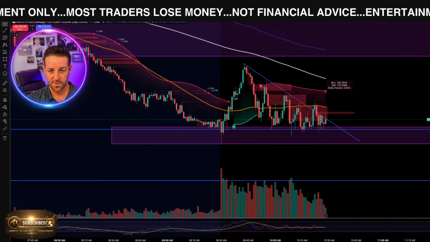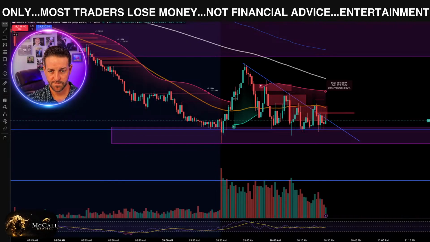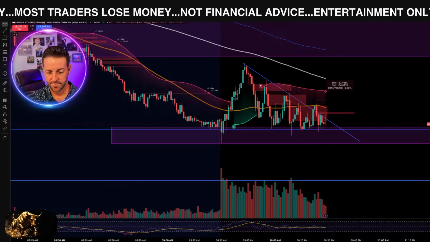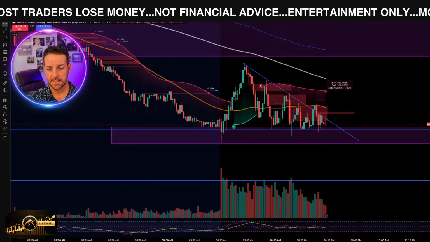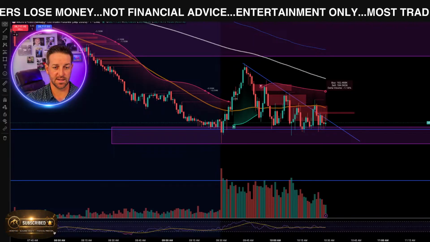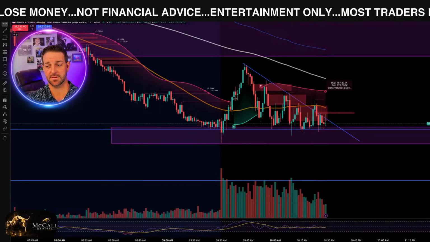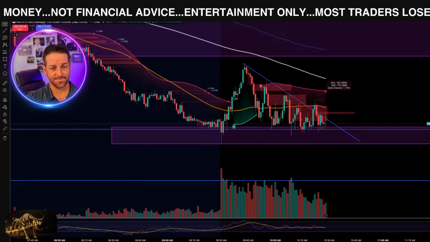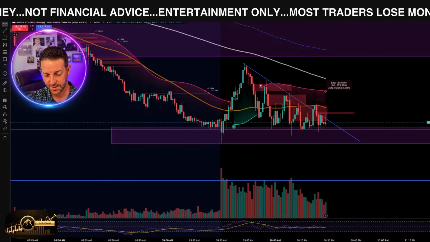So many sellers hammering this down. Every time it tries to break out, it gets rejected. And every time it tries to fall down, it gets rejected. So patience, patience, patience.